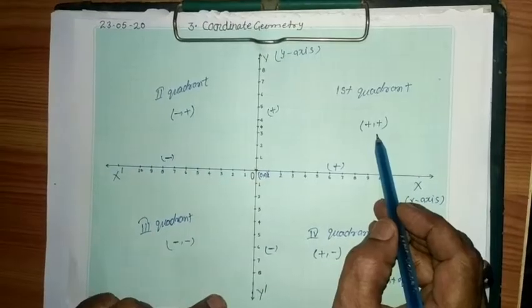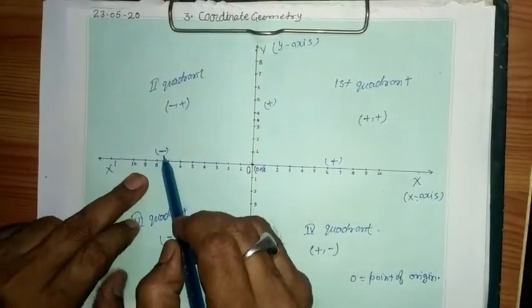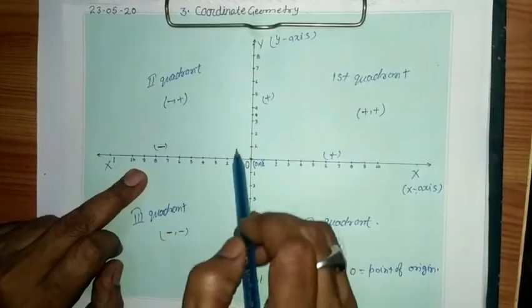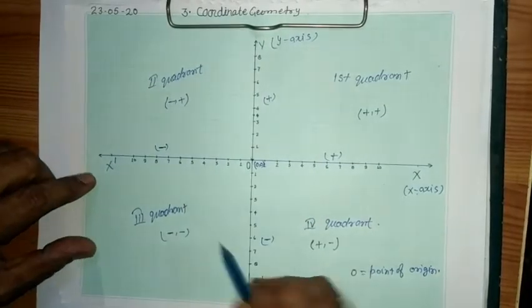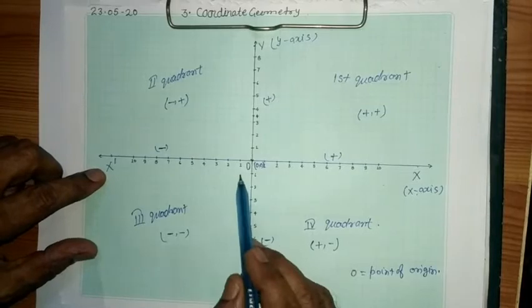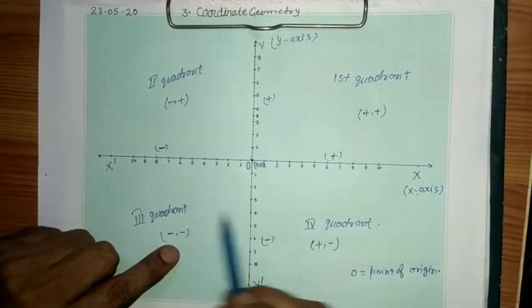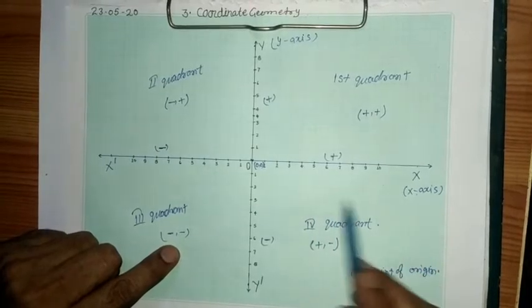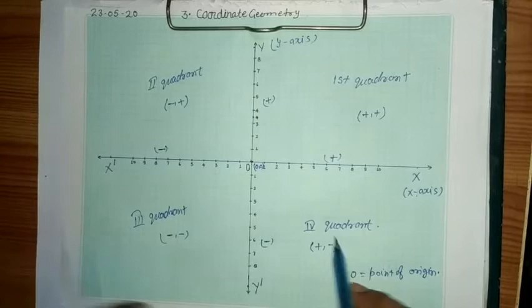In the first quadrant both are positive. In the second quadrant, x is minus and y is plus. In the third quadrant, both the x and y signs are minus, and in the fourth quadrant the signs are plus and minus.